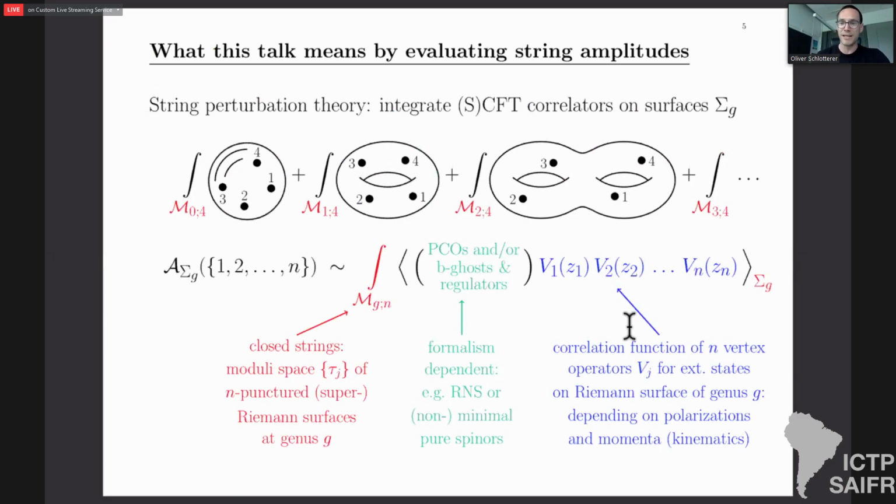To be more precise, the external states occur via vertex operators, where, say, the polarizations and momenta of the scattering states are stored. Depending on which formalism you use, you have a bit more stuff inside the correlator, say b ghosts and certain regulators in the pure spinor, or picture changing operators in the RNS.